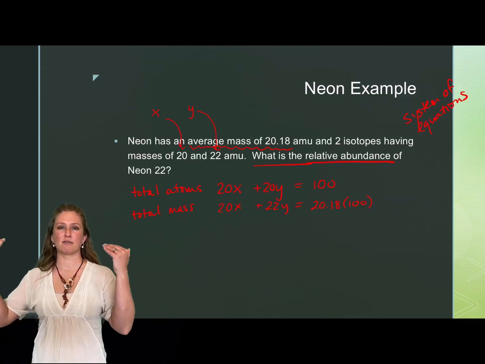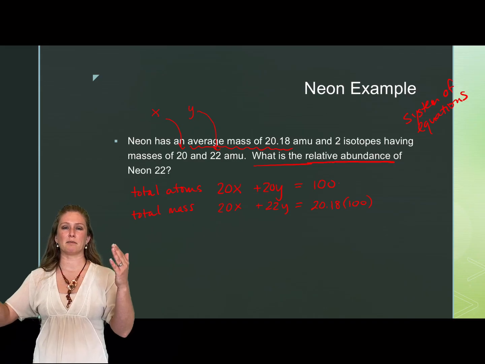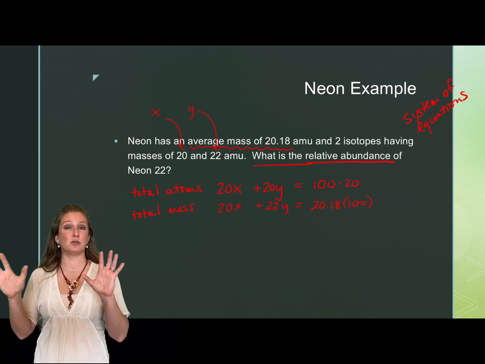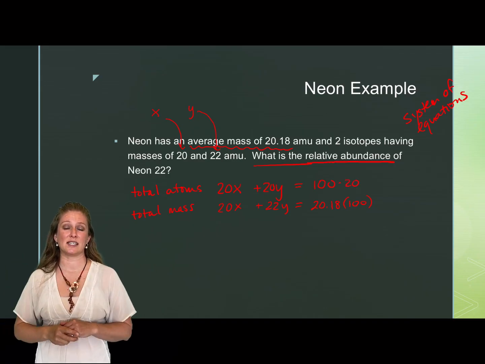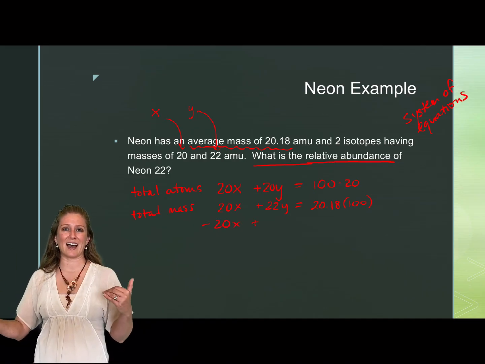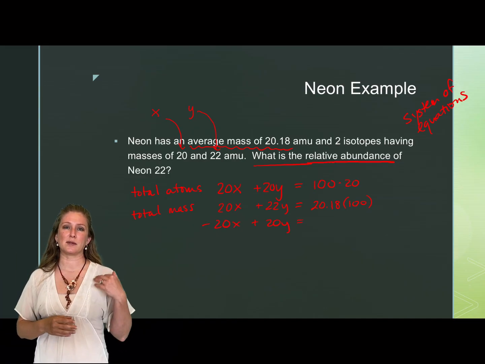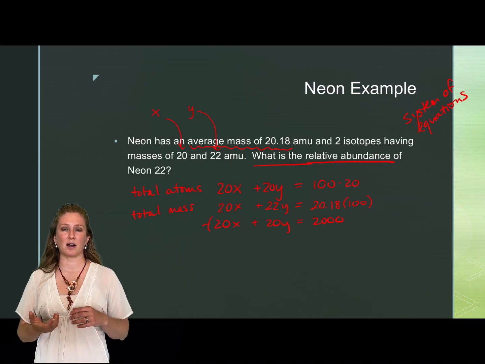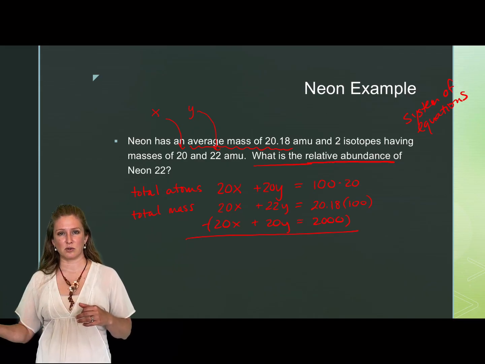We just take that first equation, multiply it by the smaller of the two masses. So in this case, 20. We multiply everything by 20 and then subtract that from the other equation. So this becomes 20x plus 20y equals 2,000.